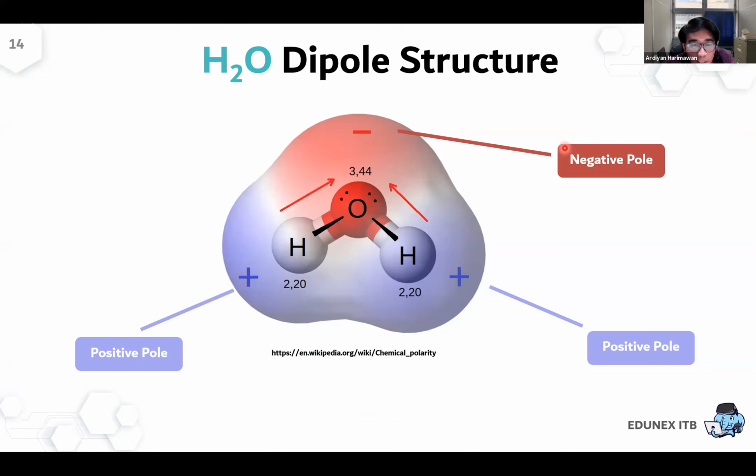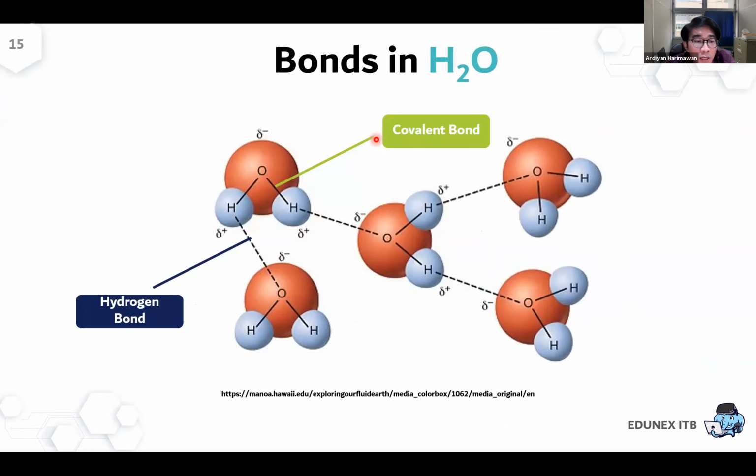So water has a negative pole and also a positive pole, and between molecules they also have hydrogen bonds. And these properties basically make water a very universal solvent. Almost everything, not all, but almost everything can be dissolved in water.